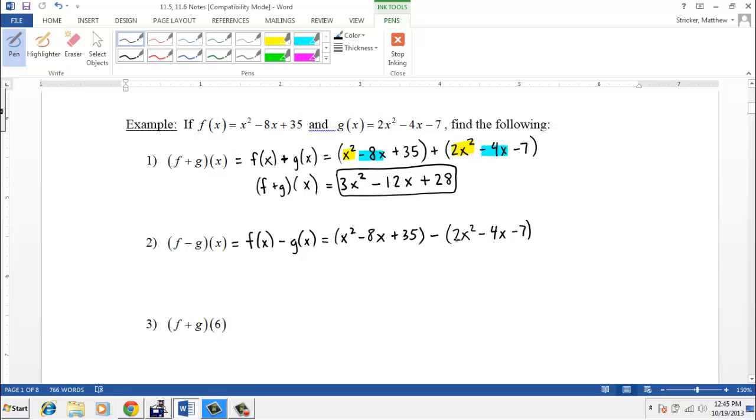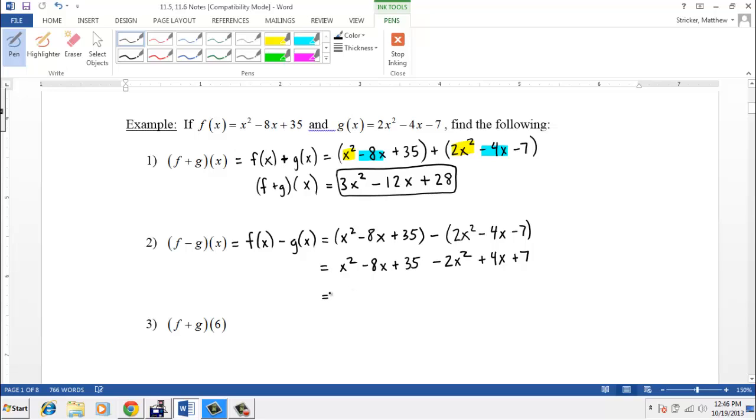So this is going to turn this from a positive 2x squared into a negative 2x squared. This negative 4x is going to become a positive 4x. And then this negative 7 will also become positive. So we have, dropping the parentheses here, x squared minus 8x plus 35.